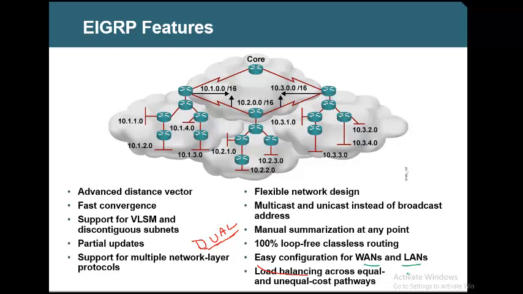WAN is something like we use an ISP, some sort of service from outside people to connect to a remote office. So there will be some precautionary steps when you talk to someone over the public network. Usually there used to be some precautionary steps, but in EIGRP you don't have such a thing. Both LAN and WAN configuration is almost the same.